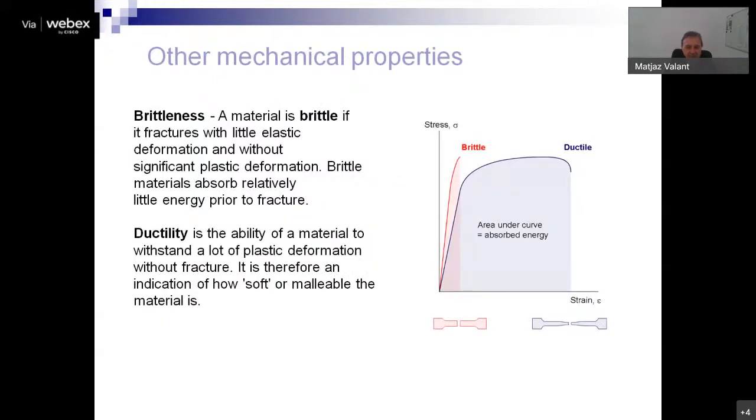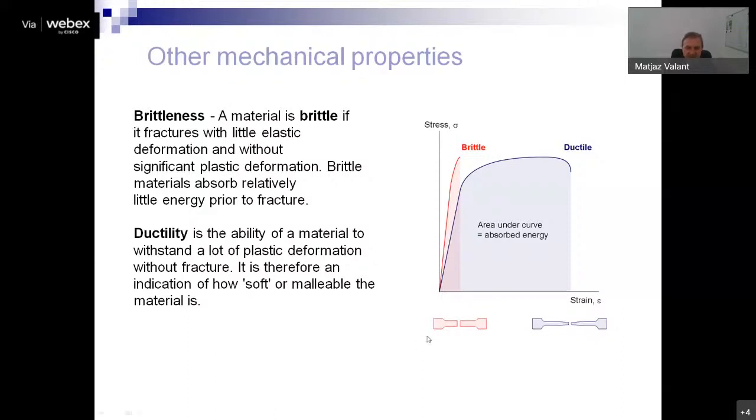Okay, let's also go through some other mechanical properties, like brittleness. Well, you see, all these properties are just combinations of the basic properties that we talked about, like elastic and plastic deformation. So a brittle material has very little elastic deformation, almost nothing really.